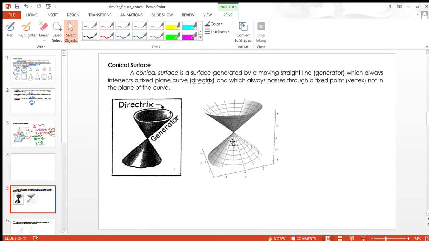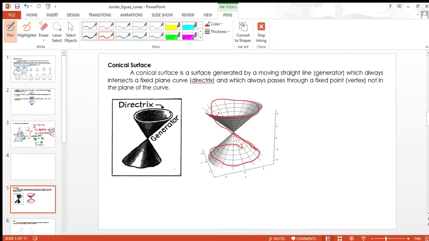Okay, so looking at this diagram, if you draw a line coming from this point, this will now be called the vertex. Get that line, you just extend it straight, right? If you imagine rotating this, as you rotate that line, this section will also rotate.